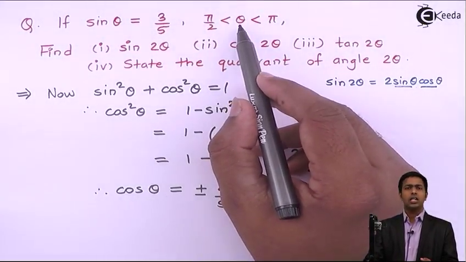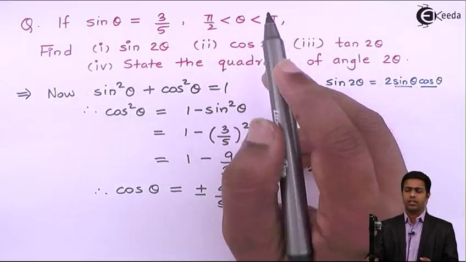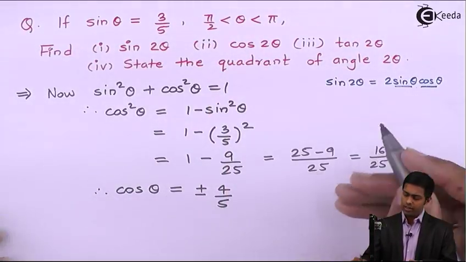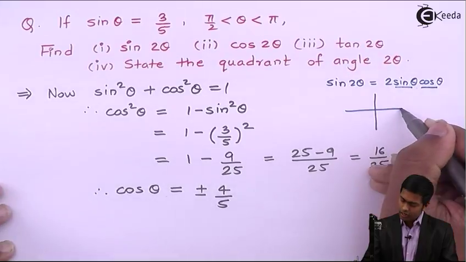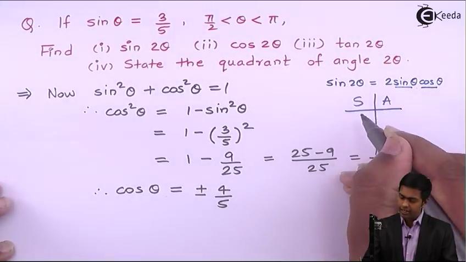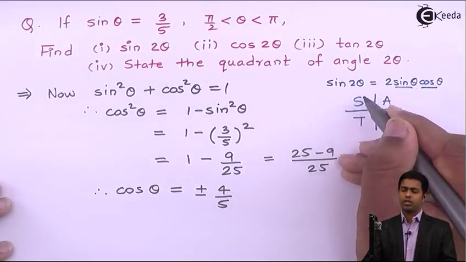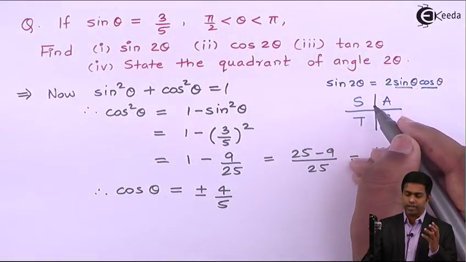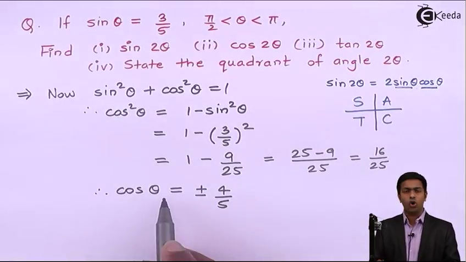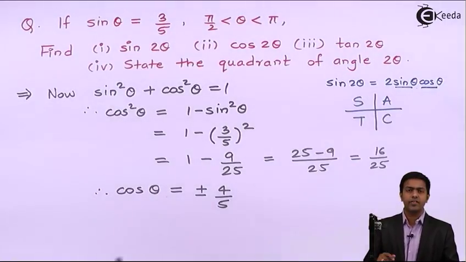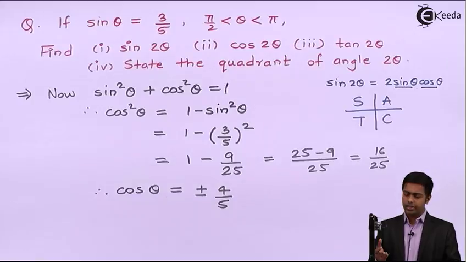Here theta lies in the second quadrant, and in the second quadrant sine and cosec are positive. It means we are finding cos theta, so cos will be negative in the second quadrant. Therefore we will accept the negative value of cos theta.